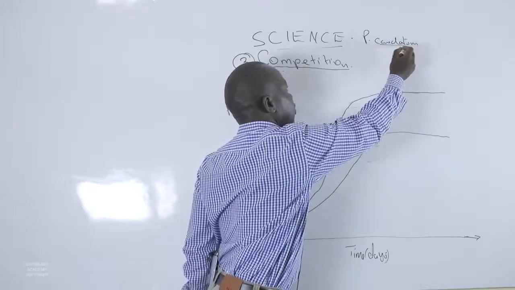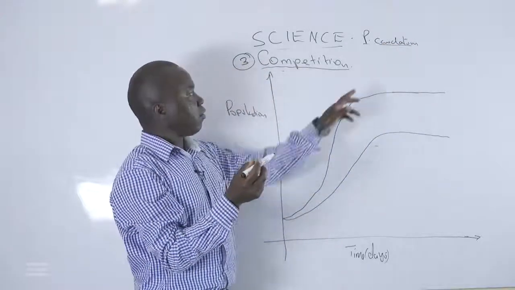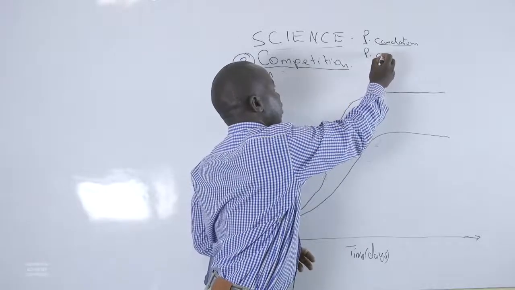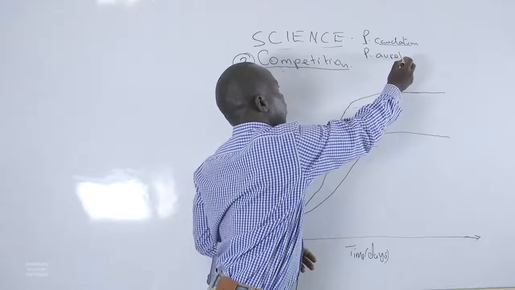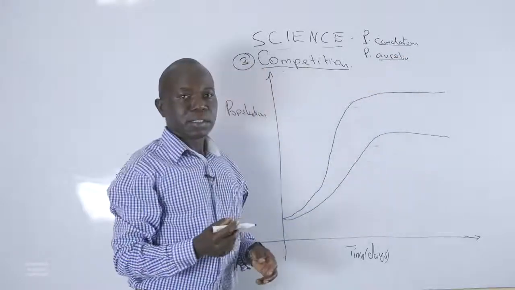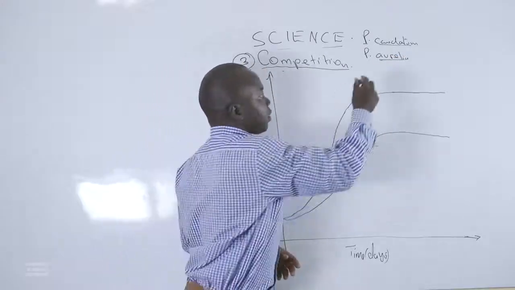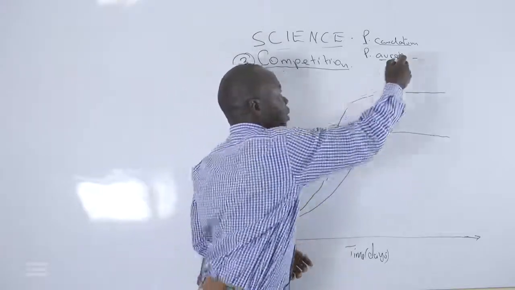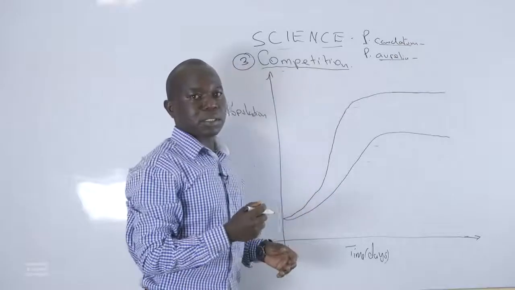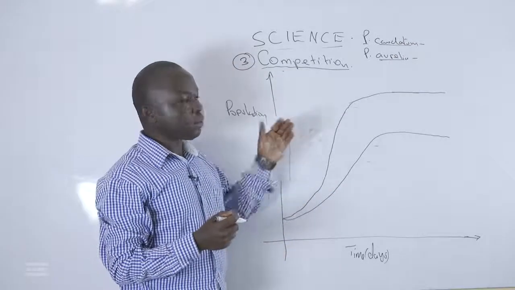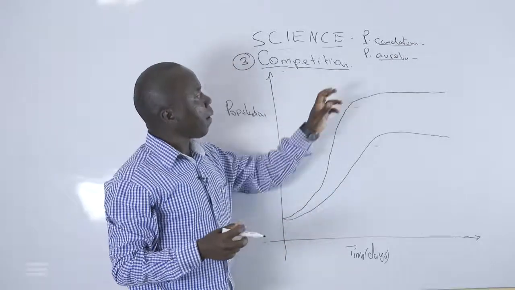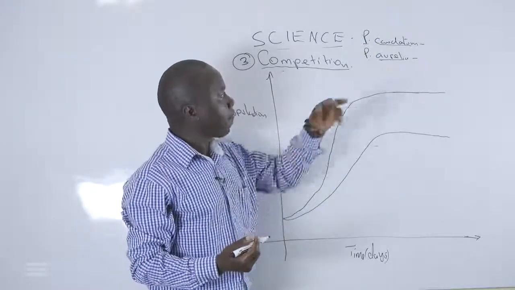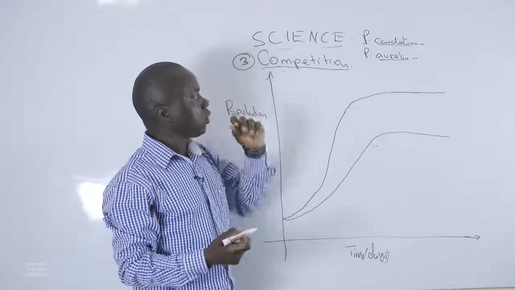I want to ask a question on this. We have Paramecium caudatum and Paramecium aurelia. But aurelia has a high growth rate, and caudatum has a low growth rate. In other words, they reproduce by binary fission, yes, but one of them will reproduce faster, and the other one will reproduce slowly.